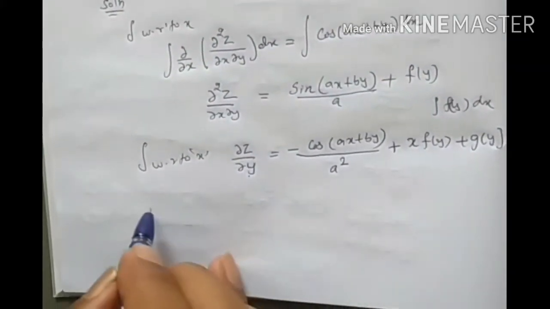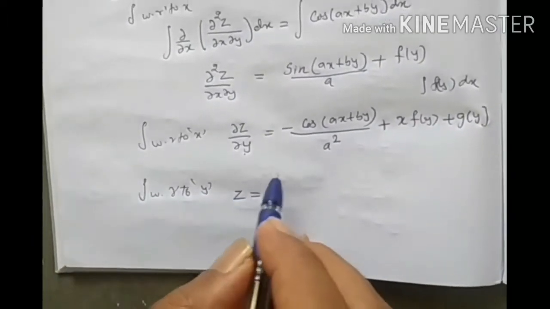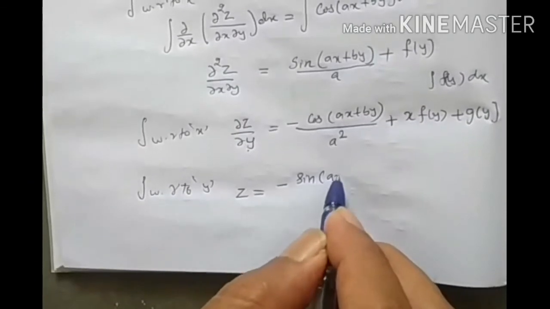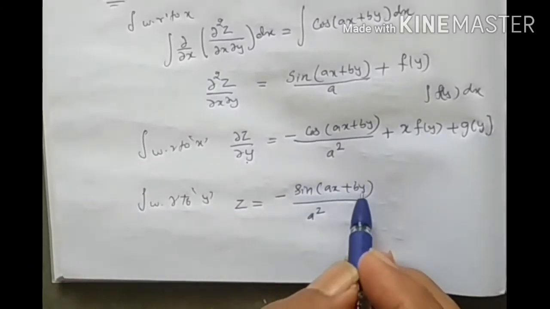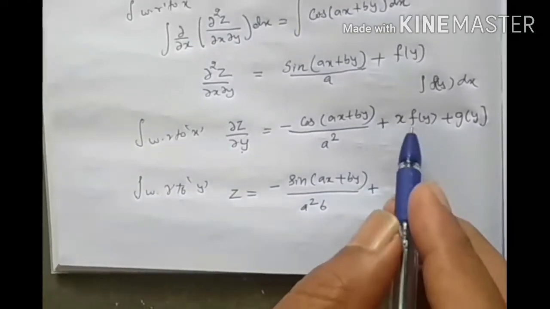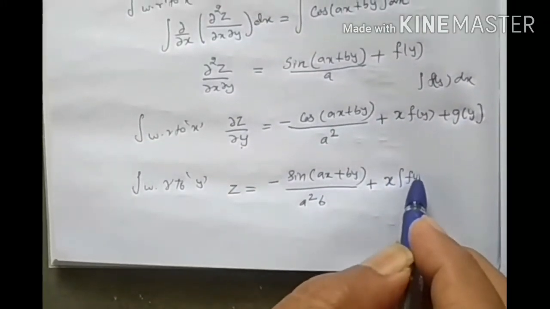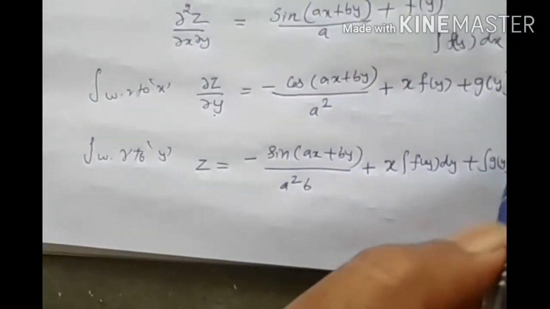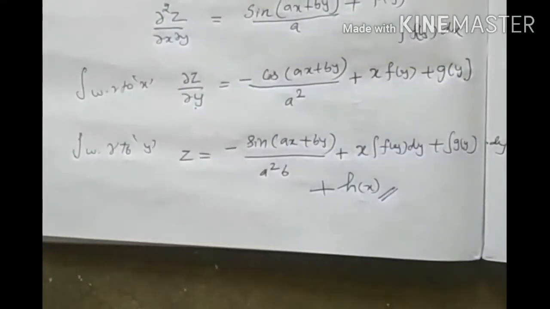Now y is there, integrate with respect to y. So z equal to, integrating with respect to y, cos is sin of (ax + by) dividing by a square into the coefficient of y, which is b, so dividing by b, plus, integrating with respect to y, x times the integral of f(y) dy plus the integral of g(y) dy plus h(x) is the answer.